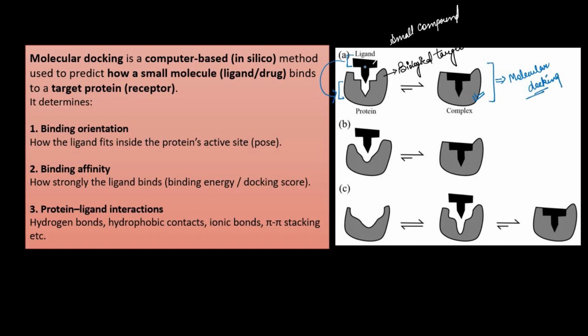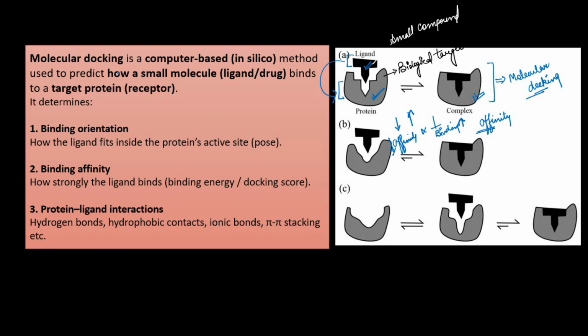Basically, we find the result in the form of affinity, in the form of energy. Less the energy, less the affinity, more the binding. Affinity is inversely proportional to the binding. More the binding, less the affinity.